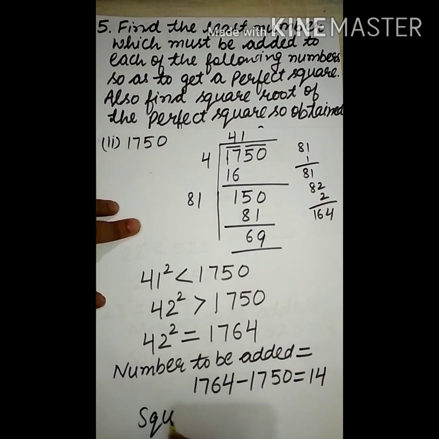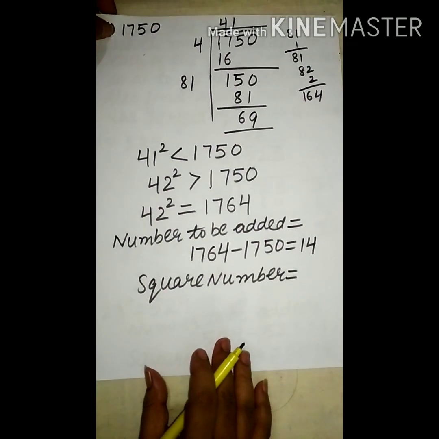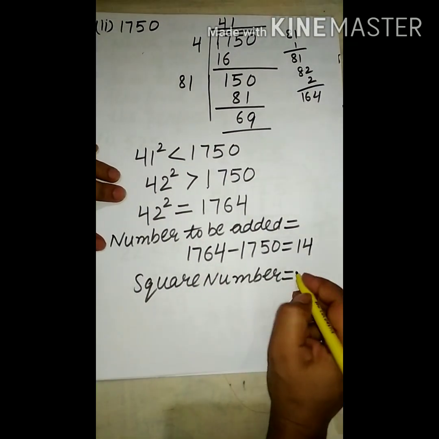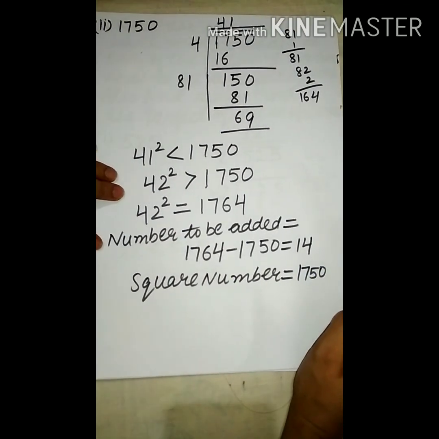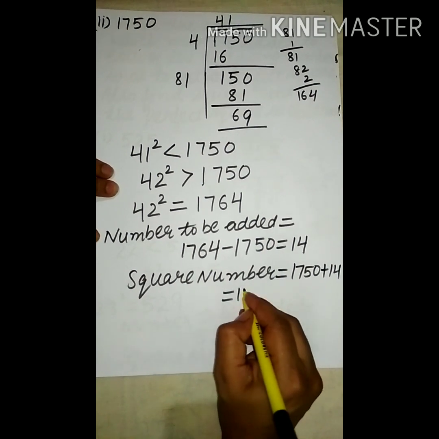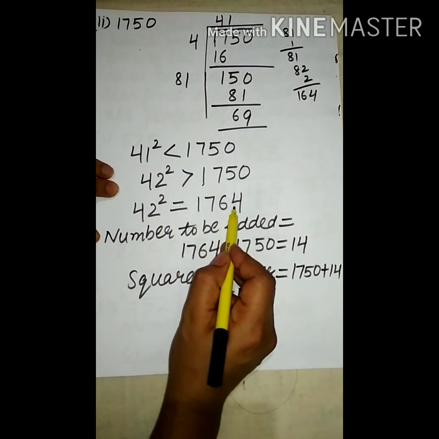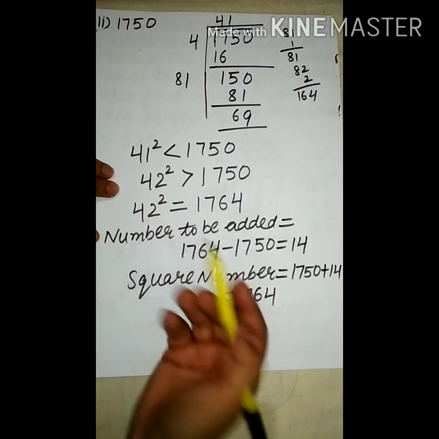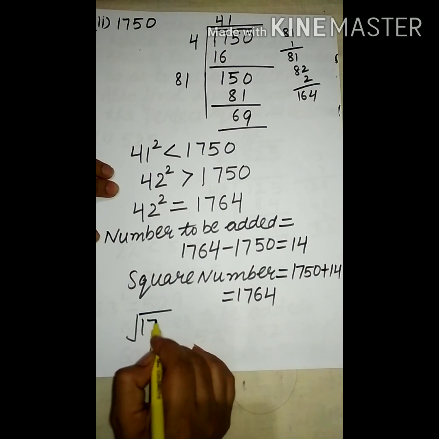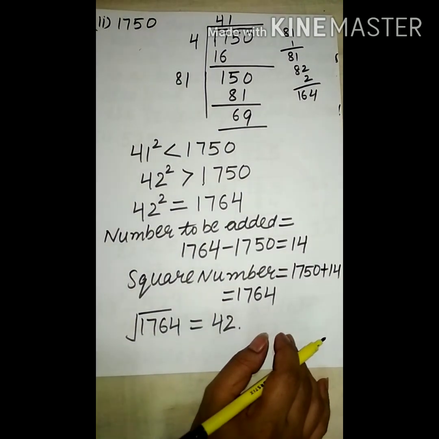So the square number will be 1750 plus 14, which is equal to 1764, and we know that the square of 42 is 1764, and the square root of 1764 will be 42. So the square root of 1764 is equal to 42, which is the required answer.